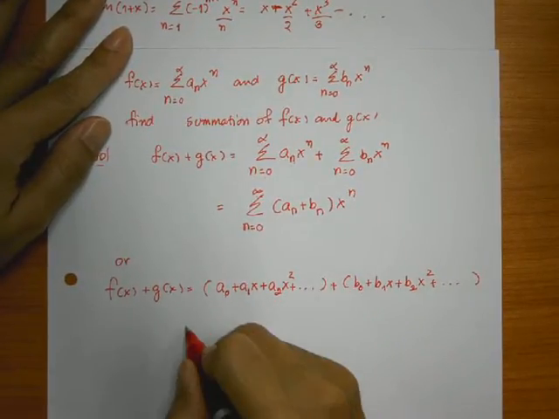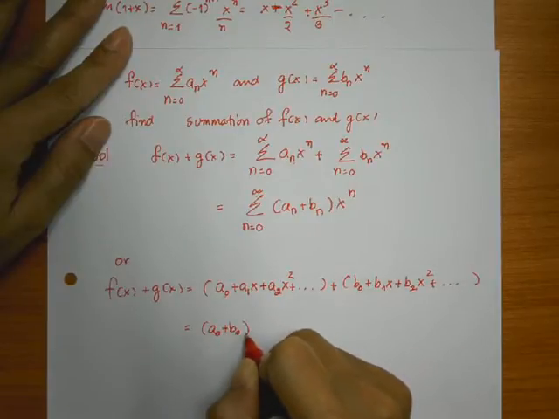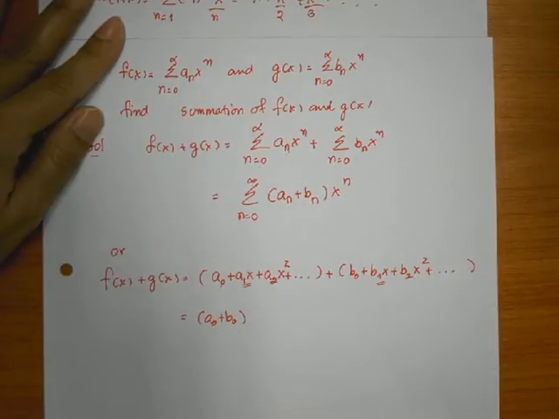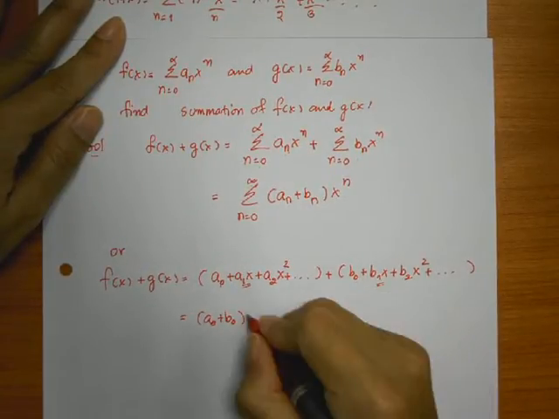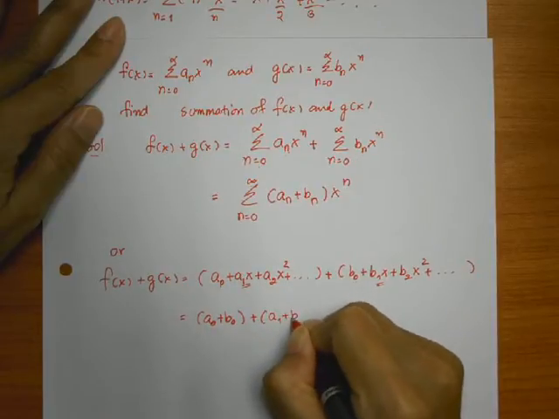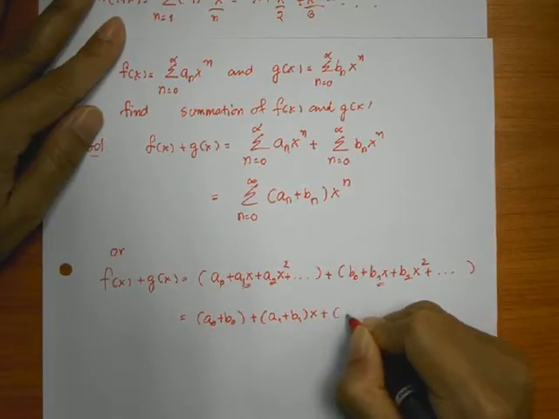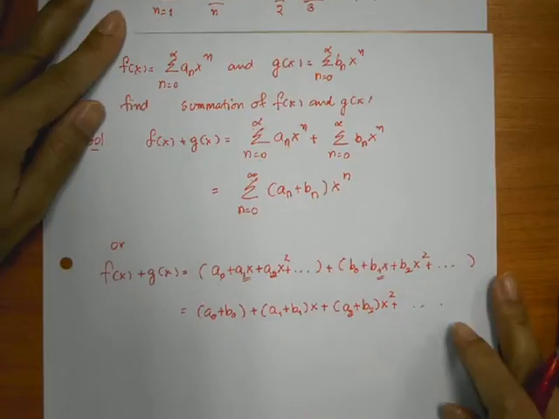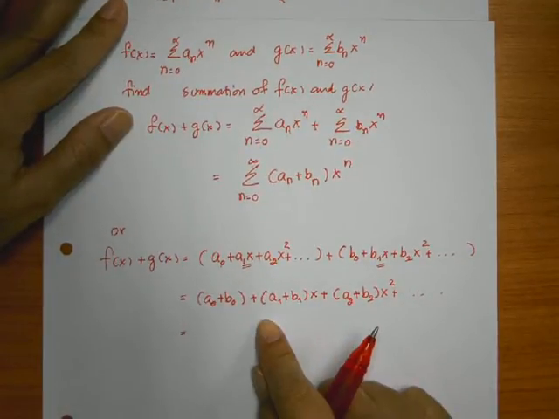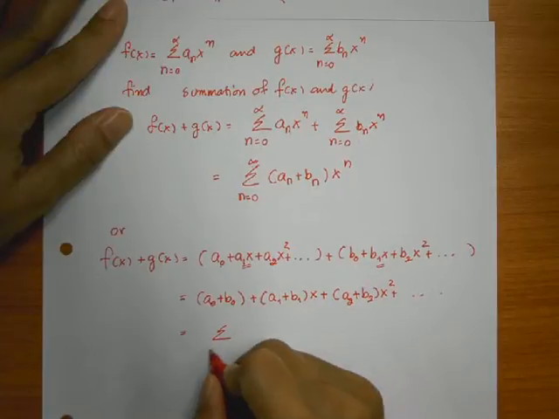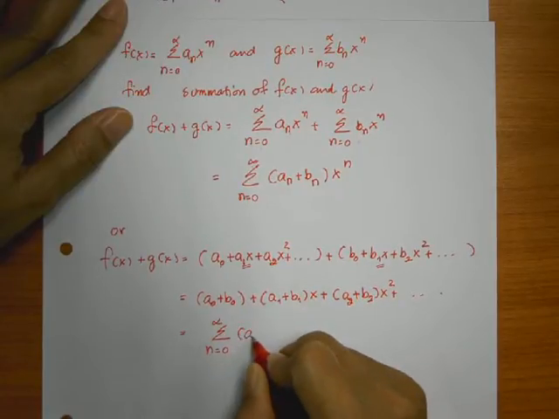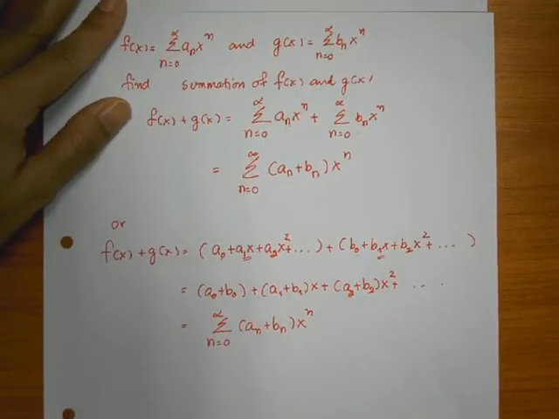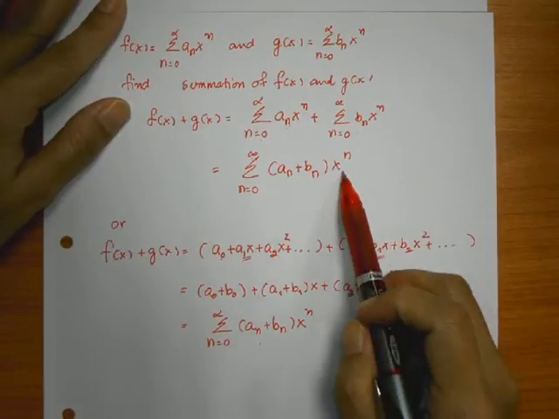You would get a0 plus b0. And the terms a1x and b1x, because both terms have the same x, you can put them together, so that's why you get (a1 plus b1)x. And the other terms you just do the same, and so on. So the meaning of this is just the summation n equal to 0 to infinity of (a_n plus b_n) x to the power n, right? Which is the same meaning as that one.